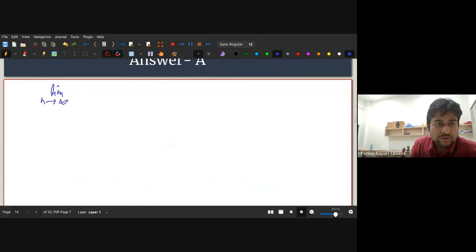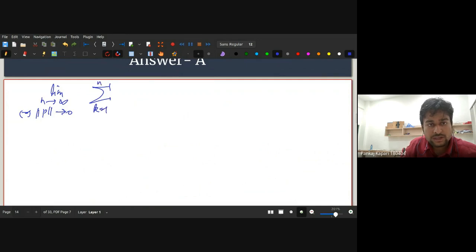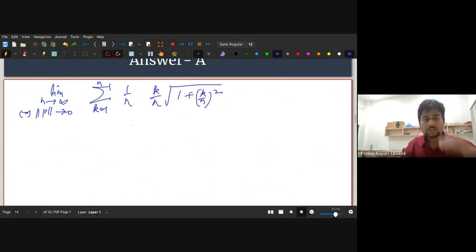The limit as n goes to infinity, which is the same as the norm of the partition going to 0. We were finding the sum, k equal to 1 to n, then this was the length of the interval, then we have k by n times the square root of 1 plus k by n whole squared.